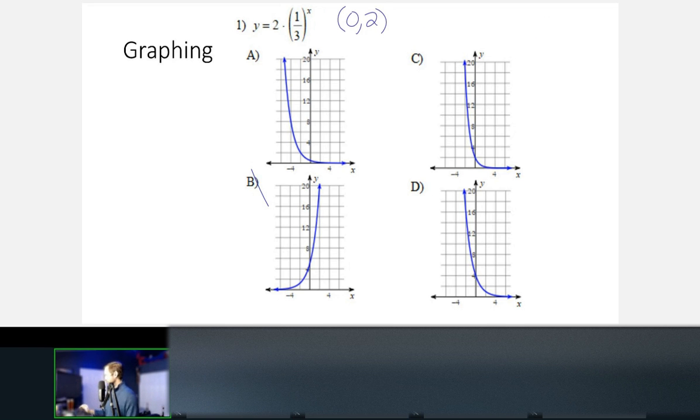All of you should be able to do that in your head. So looking at A, C, and D, which one is the correct answer? Let me do a little polling. It'll be easier. Which one is the correct answer?